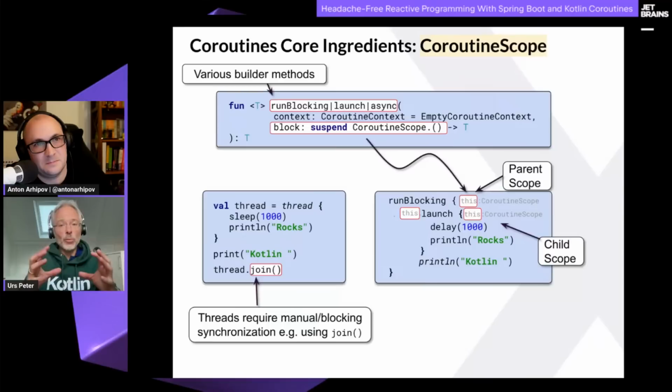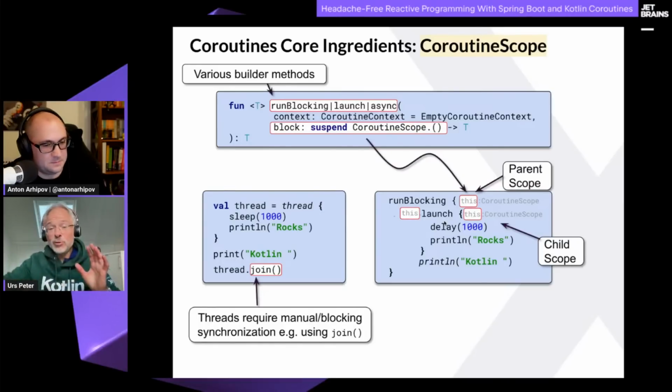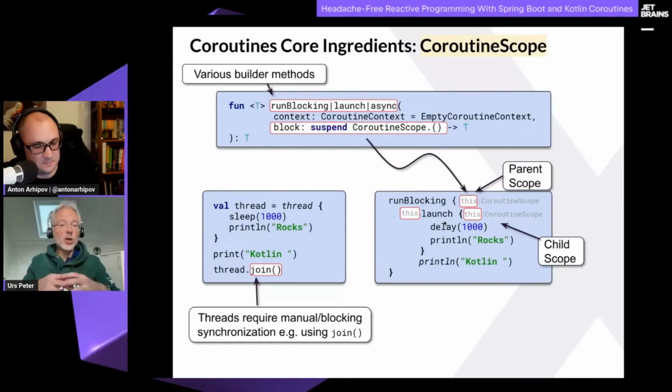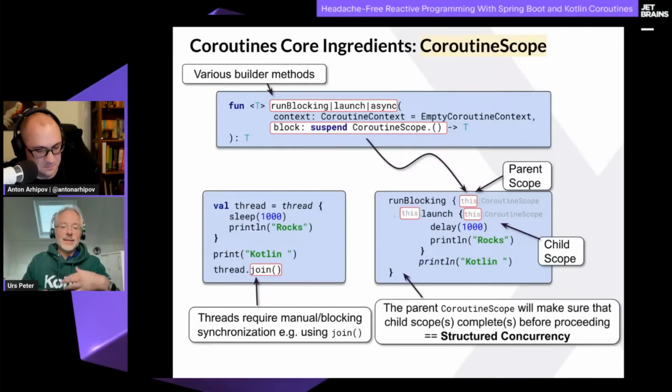Well, every parent scope supervises the completion of the child scopes. So the parent always knows that its children, no matter how deep you nest them, no matter how many processes you spawn, it always knows whether they are completed or not. And this has this fancy term, structured concurrency. Because of that, we do not have to synchronize processes ourselves.